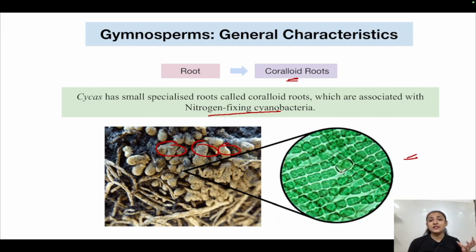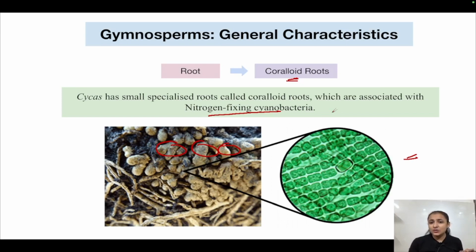They help in the fixation of atmospheric nitrogen for these roots, for this plant. They fix the atmospheric nitrogen and convert it into a form that can be utilized by the plants. In this way, the cyanobacteria help the plant by providing nitrogen.